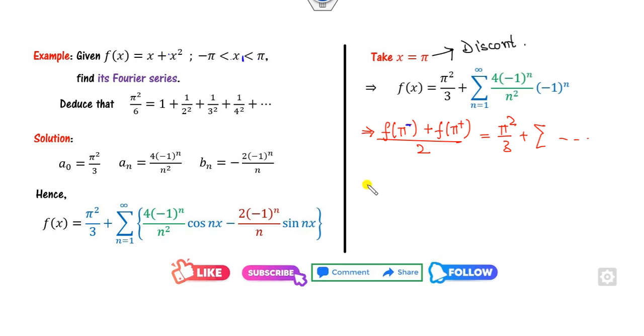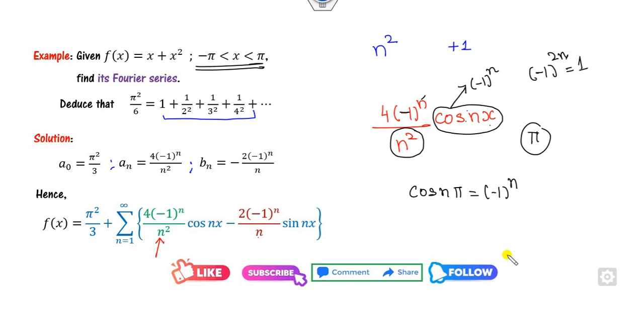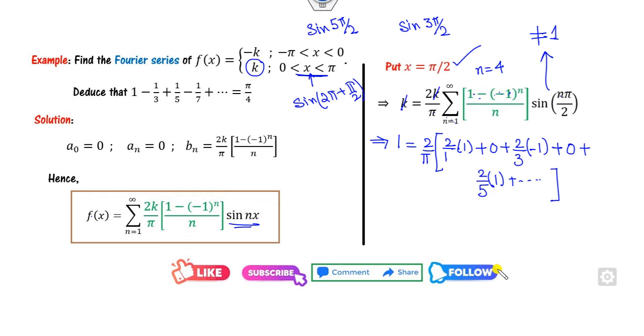Fine. So this value will be my pi plus pi square, because the function is my periodic. Fine. The function is my periodic. So f of pi positive is same as f of minus pi positive. Oh, I think I did it wrongly in the previous case.